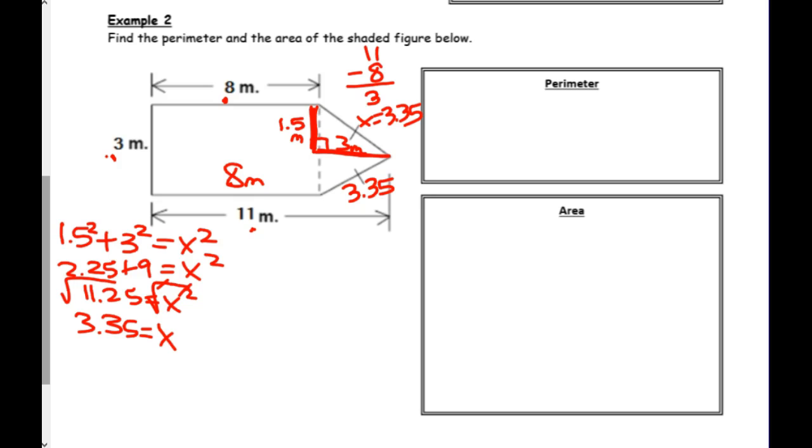I know all my 5 sides of this pentagon. I got 3. Now down here, what's the side length? 8, 3.35, 3.35, and 8.